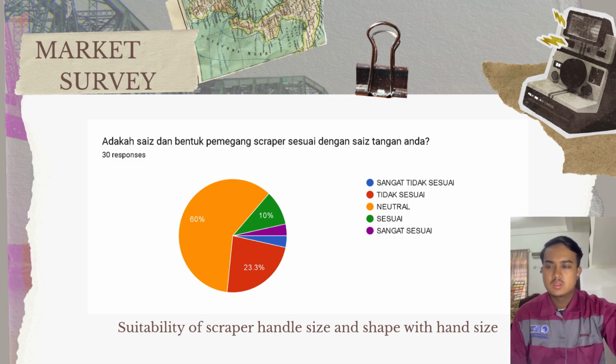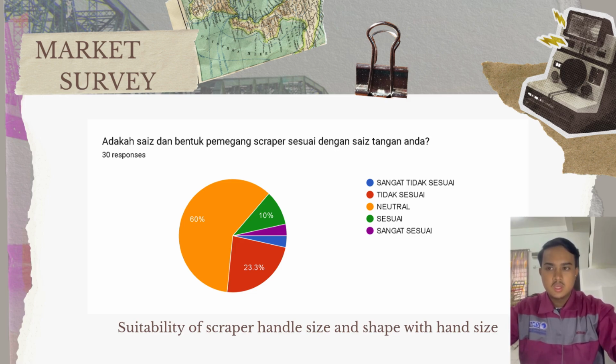Go for next slide. Suitability of scraper handle size and shape with hand size. According to the second pie chart, the majority of respondents, 60%, perceive the size and shape of the scraper handle as neutral, indicating neither strong satisfaction nor dissatisfaction. Furthermore, 23.3% of respondents felt that the handle was not suitable for their hand size.